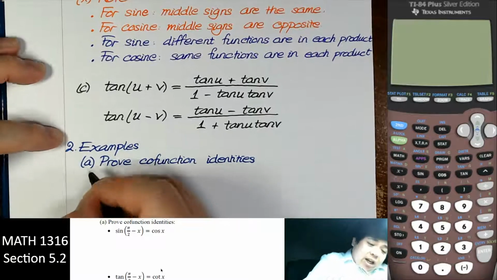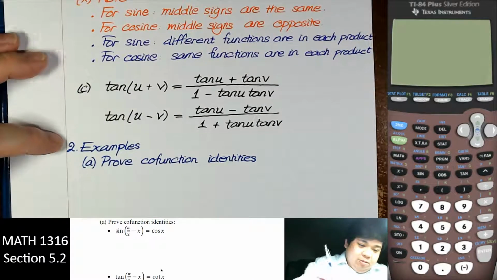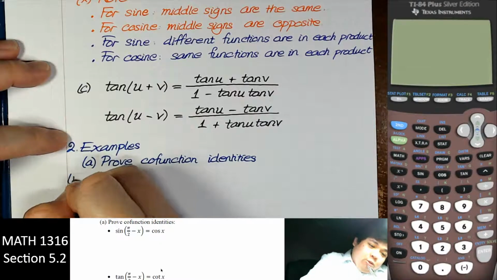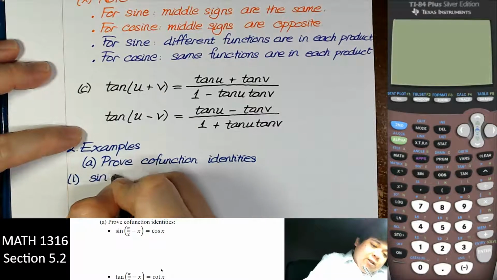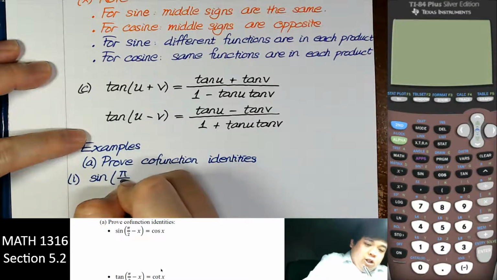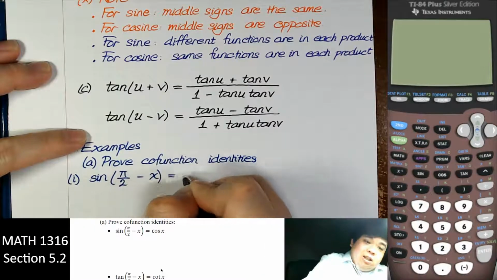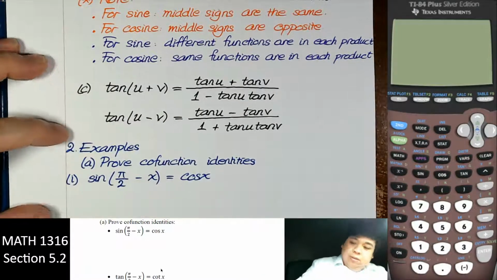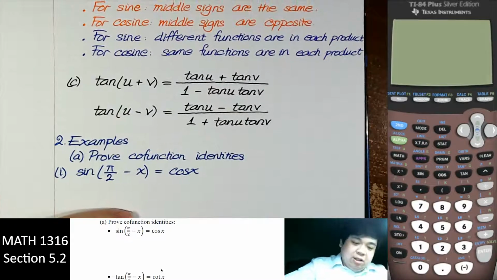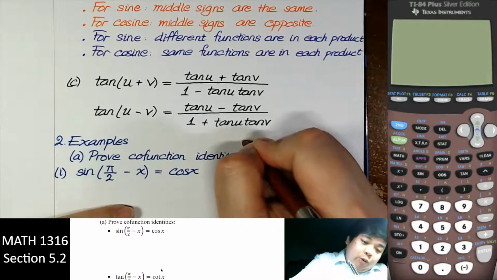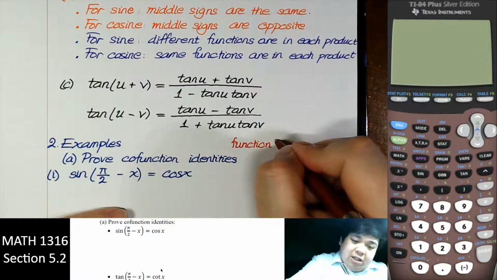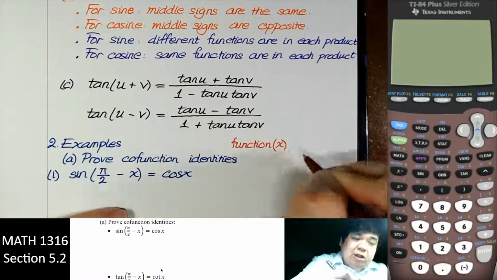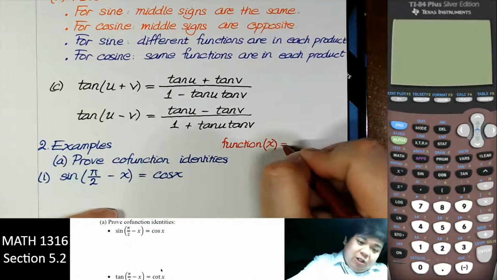The first one we will prove is sine of pi over 2 minus x is equal to cosine of x. So the co-function identity is this. We will go from a function, let's say x, to a co-function.